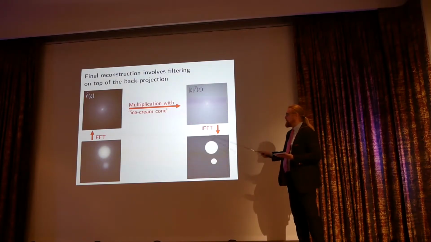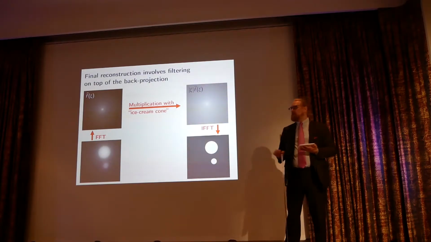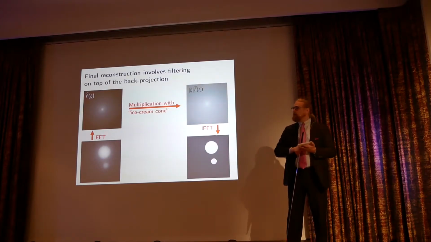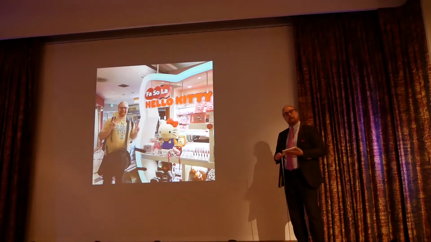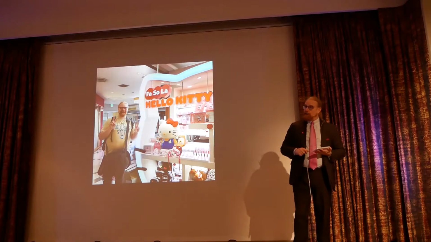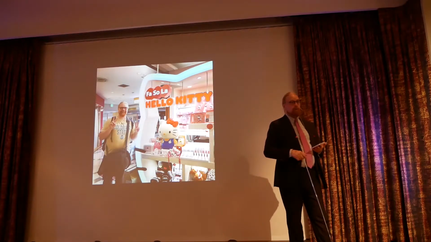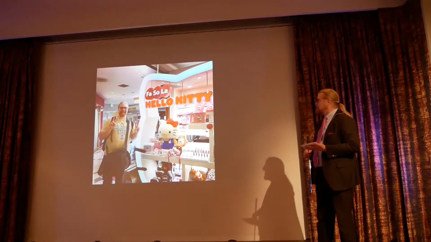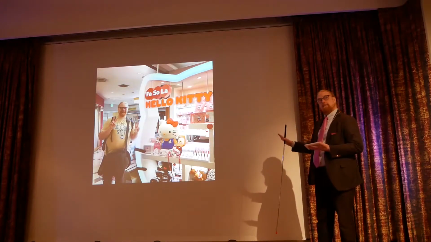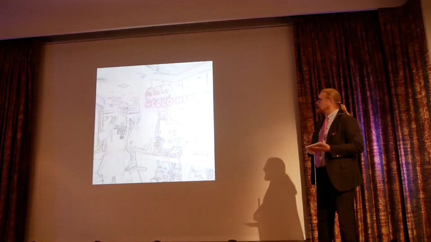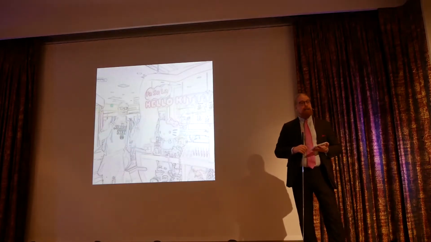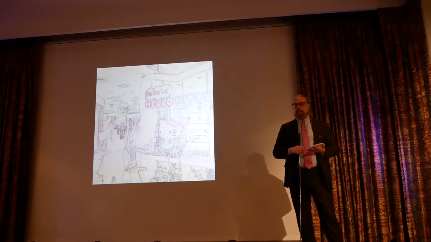by using this operation. Just to give you an intuitive idea of what is going on here, let me refer to this picture of myself in my favorite shop at the airport of Tokyo in Narita. It's a Hello Kitty shop, and if I apply the same filter to this image, you see that it will enhance boundaries, edges.